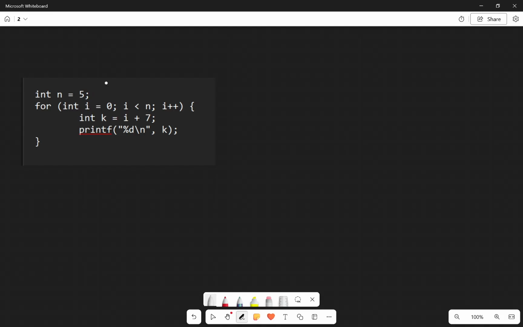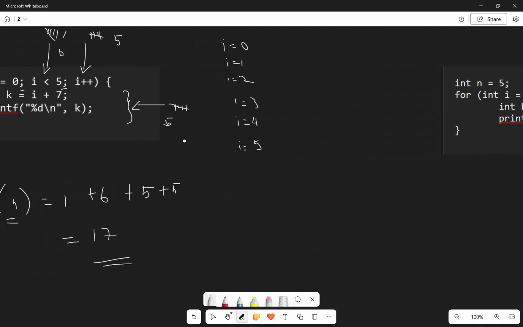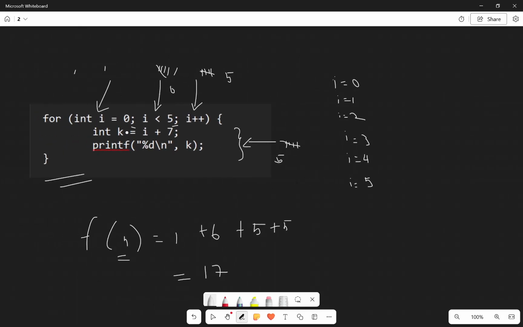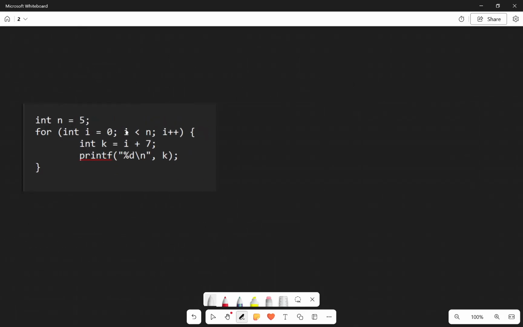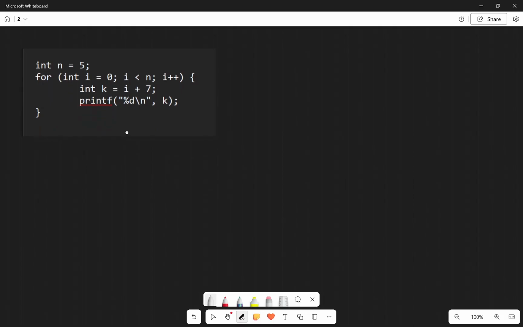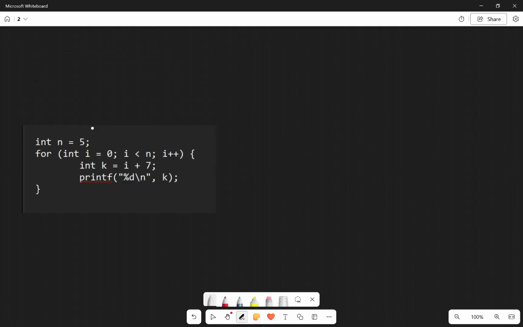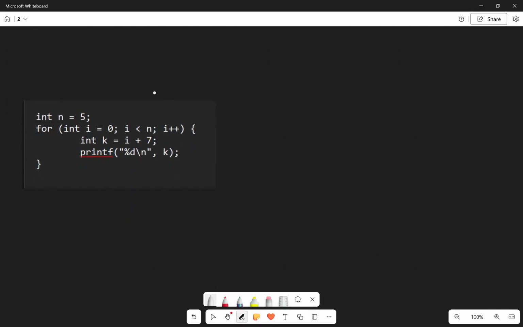So again, this is literally the code I have written over here, so I'm not going to count again. So what happens over here is that this part is going to get executed once. This part is going to get executed 6 times, which we can write as n plus 1.